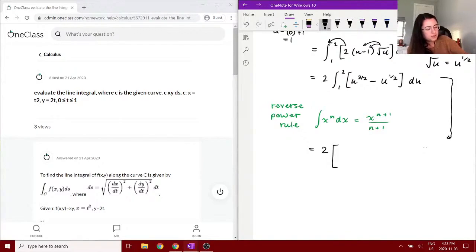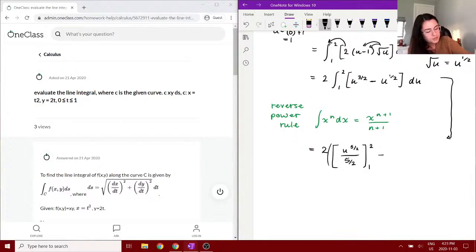From the step up here, we can get that the integral is, put it in one big bracket, u to the 5 over 2, divided by 5 over 2, and we are going to evaluate that from 1 to 2, and subtract.